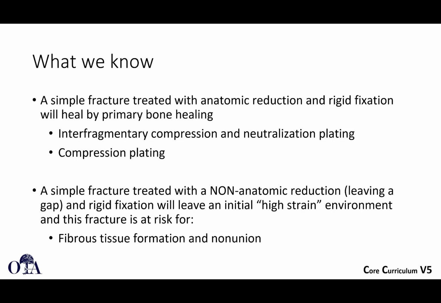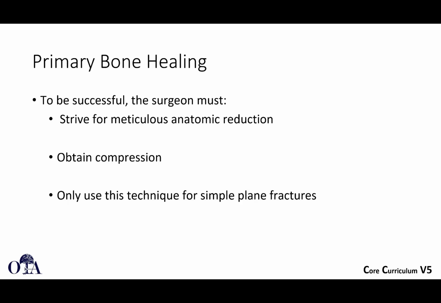You really have to go and sit down and review Stephen Perren's strain theory of fracture healing to understand this concept. It's a little difficult to explain very easily in a short slide presentation. And if you have a high strain environment, that's at risk for fibrous tissue formation because you can't form bone, and non-union.